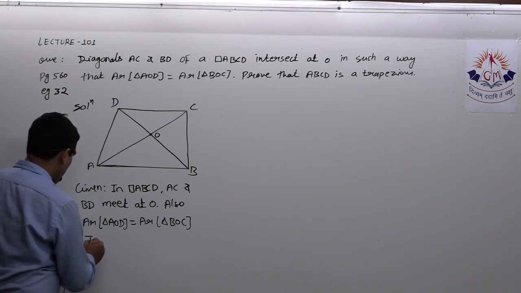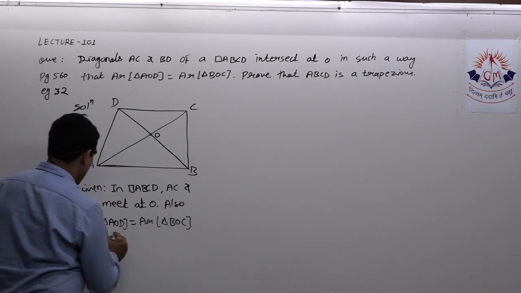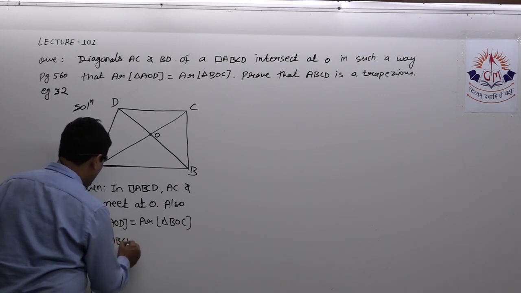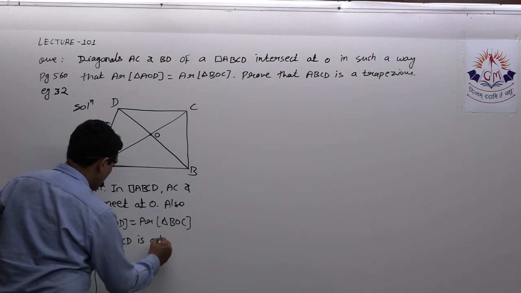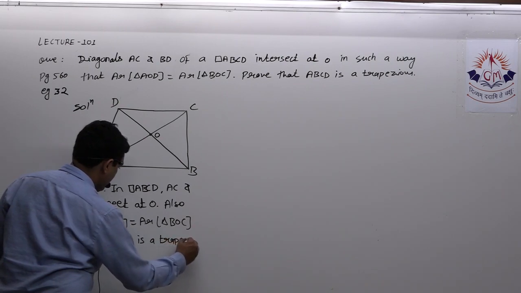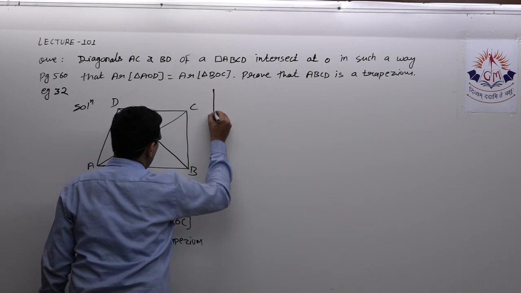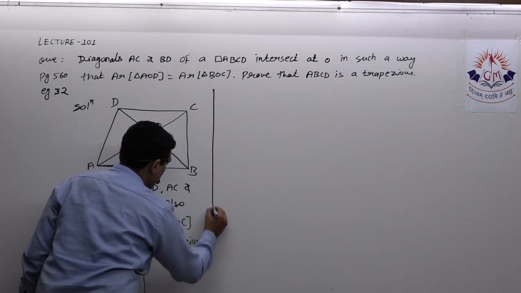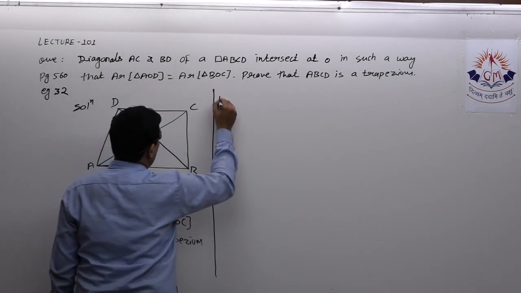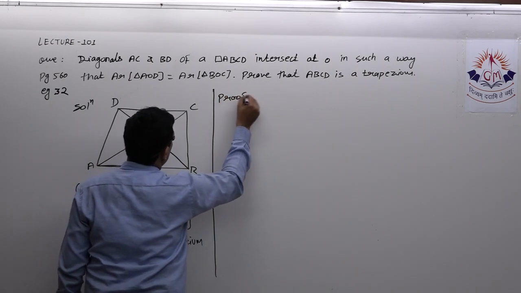This is given. To prove ABCD is a trapezium. Okay, so let us see how to prove this. So, the proof.